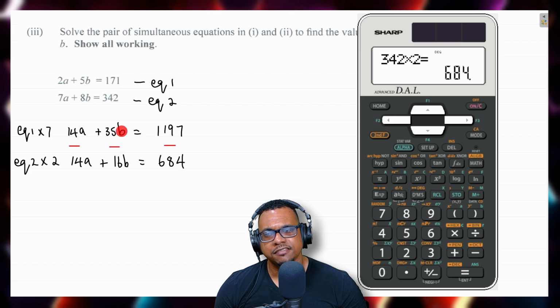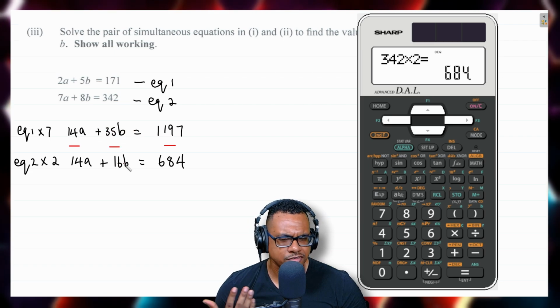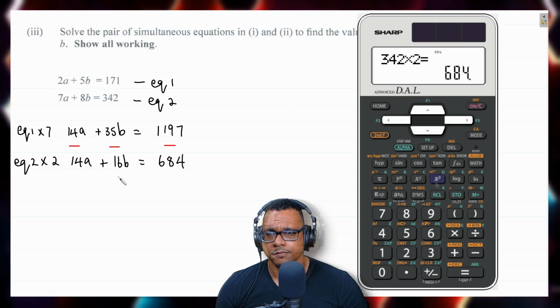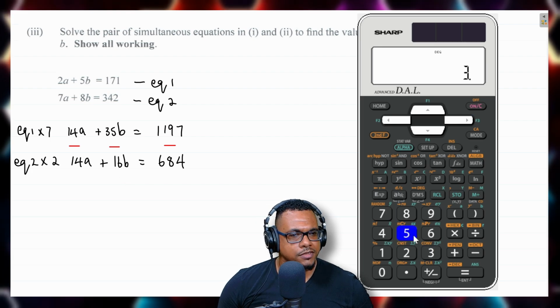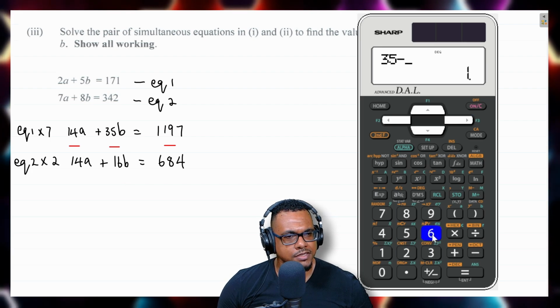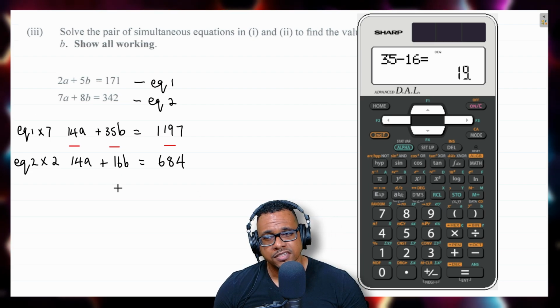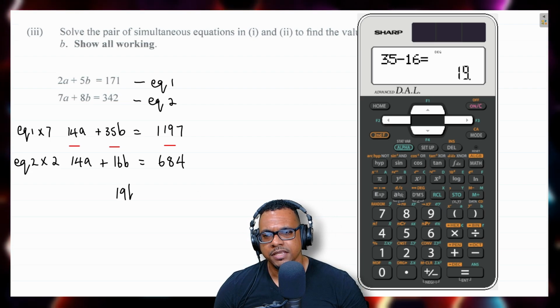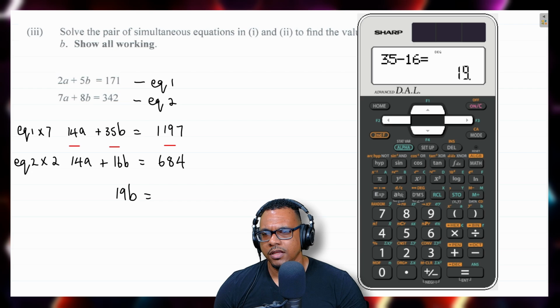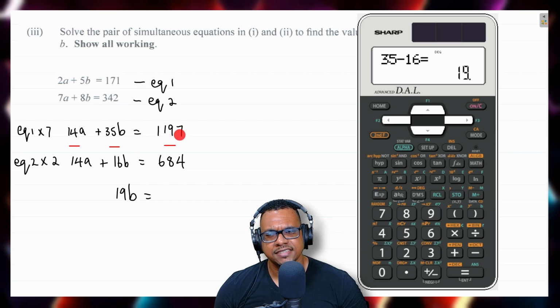And now you'll say 35B take away 16B. So that's really working out 35 take away 16. So 35 take away 16 is equal to 19. So that'll give us positive 19B is equal to, and now we have this 1,197 take away 684.